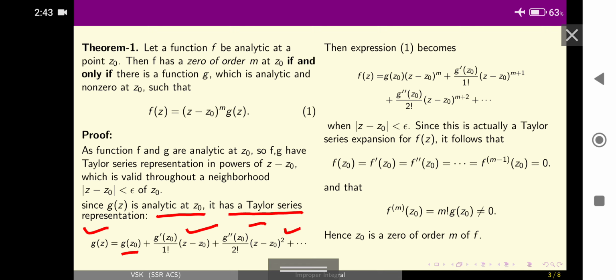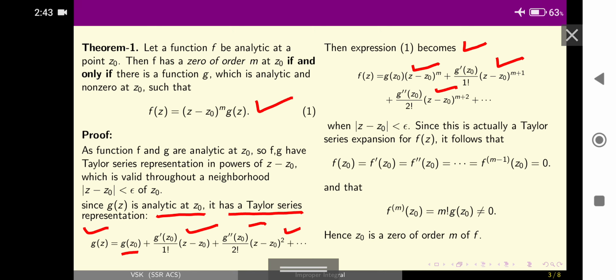Then expression 1 becomes f(z) is equal to g(z naught) (z minus z naught) to the power m plus g dash z naught divided by factorial 1 (z minus z naught) to the power m plus 1, plus g double dash z naught divided by factorial 2 (z minus z naught) to the power m plus 2, and so on.